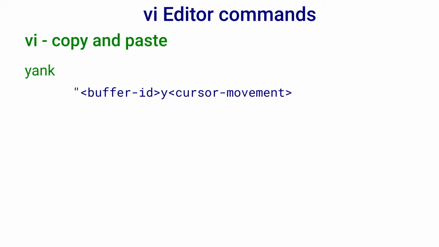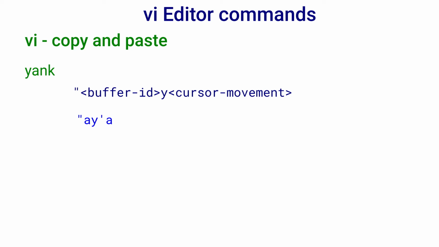The text identified by cursor movement is yanked in the buffer. There are many ways of using cursor movement, and so there are many ways to yank text in a buffer. For example, you can put a bookmark at one end of a text block and take the cursor to the other end and say double quotes A Y single quote A.